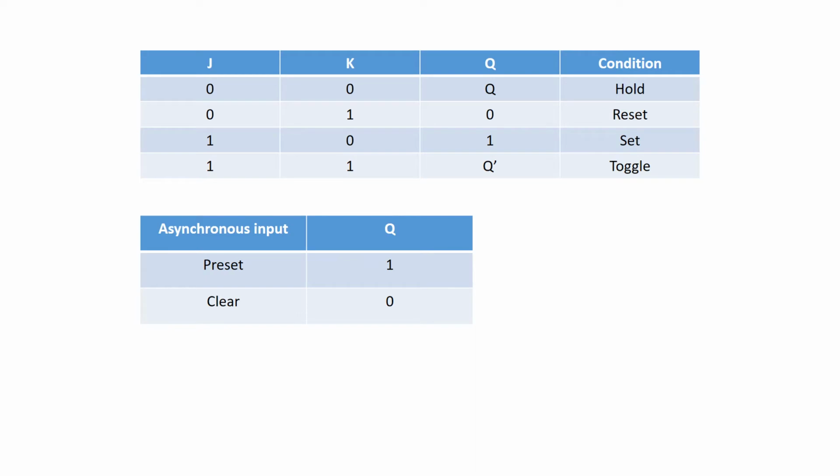This is the truth table for the JK flip-flop and asynchronous inputs. We have two asynchronous inputs, which are preset and clear, and these will function when they are active low.